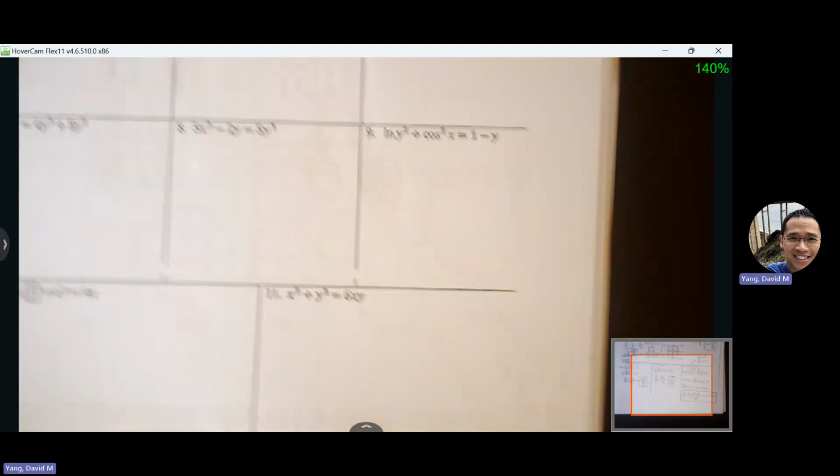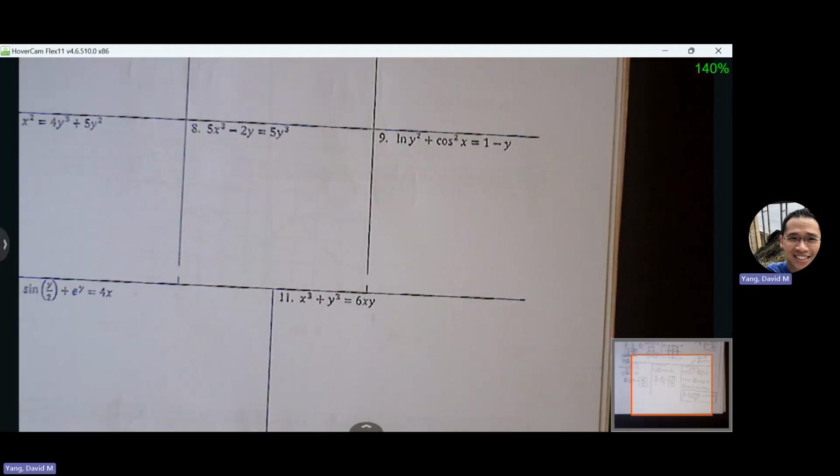Okay, page 11. Try number 5 and 7. There's chain rule for number 5, that e to the parentheses: outside's derivative, then inside's derivative.